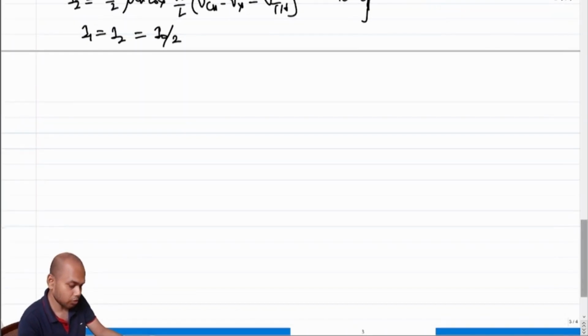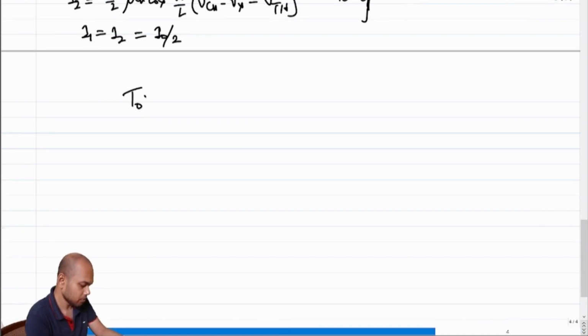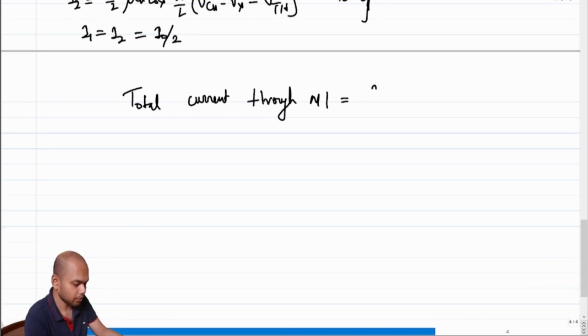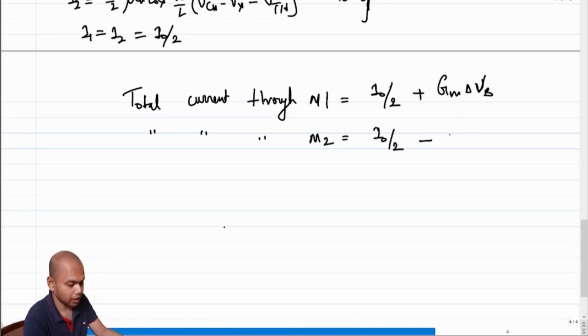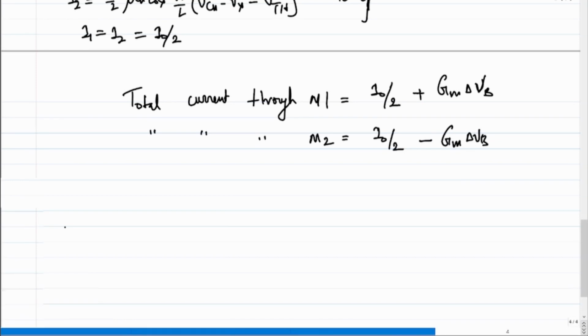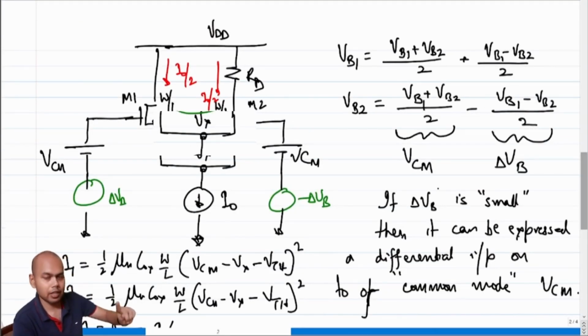The total current through M1 will be I naught by 2 plus Gm delta VB, and the total current through M2 will be I naught by 2 minus Gm times delta VB. Why minus? Because note that the incremental current is flowing in the opposite direction to that of I naught by 2.